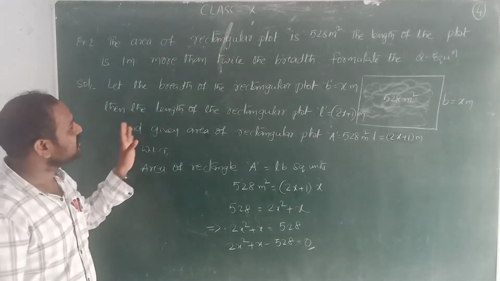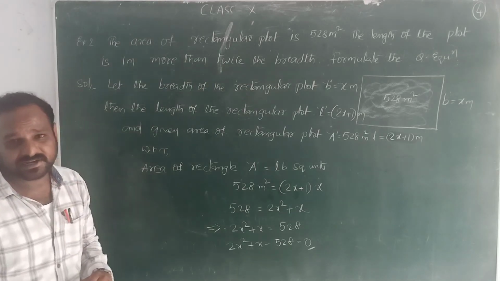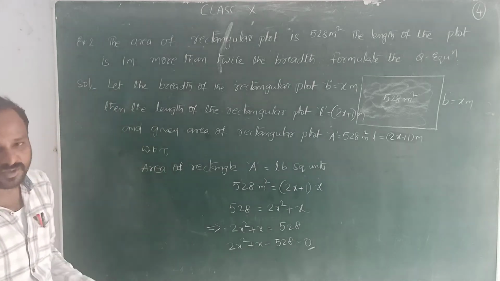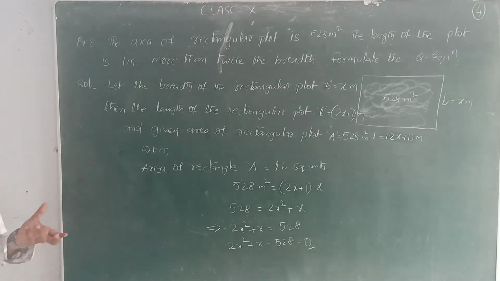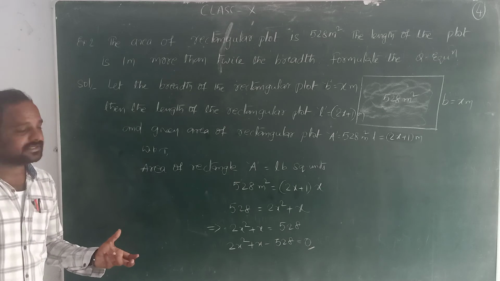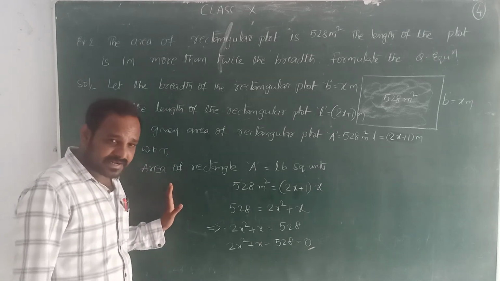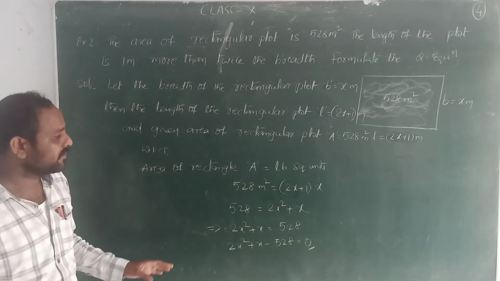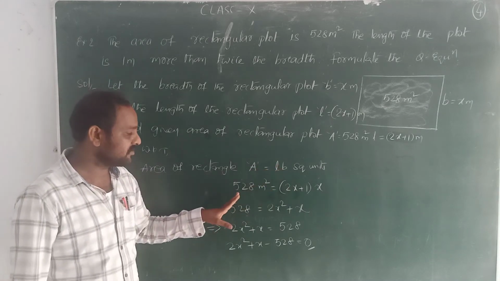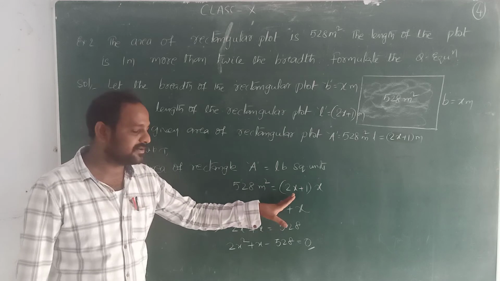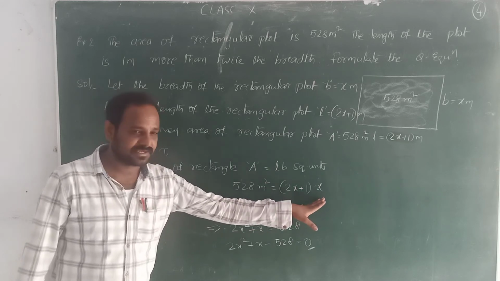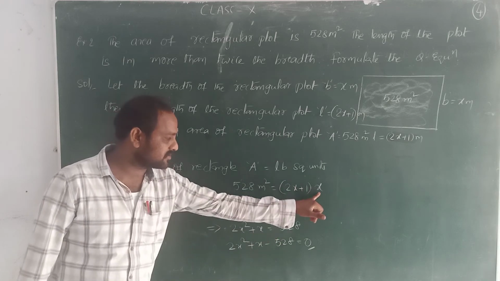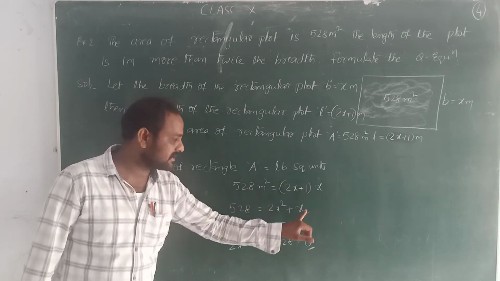Now also given, the area of the rectangular plot is 528 meters square. The formula for finding the area of a rectangle is A is equal to L into B. By substituting the values, we get 528 is equal to 2x plus 1 into x. By doing multiplication, we get 2x into x, 2x square, plus 1 into x.